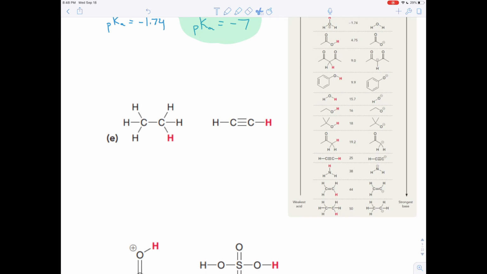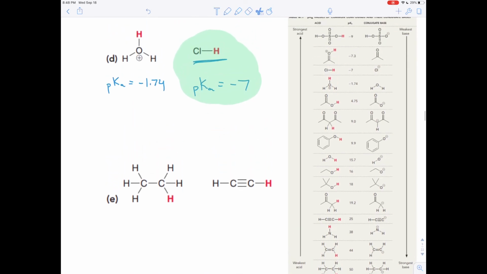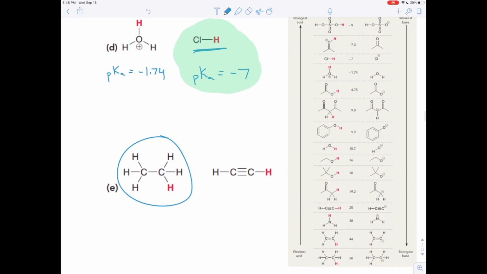In this next exercise, we see here ethane, that's what that molecule is, and that is given way down here at the bottom. It has a huge pKa of 50, so that is barely acidic at all.